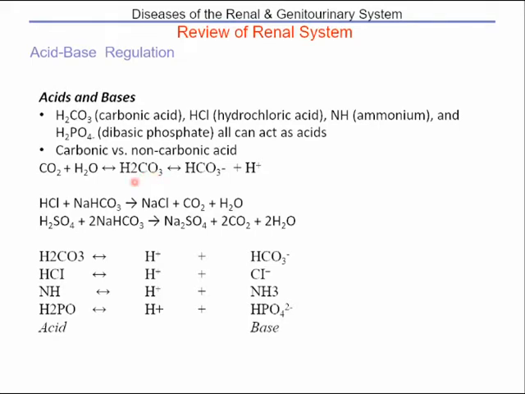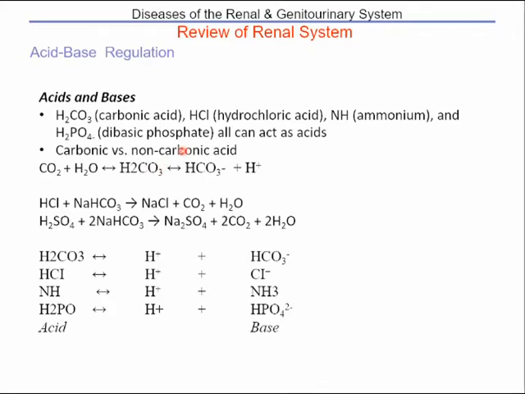So this carbonic acid can be broken down into your bicarbonate and your hydrogen ion. These are mass action equations, meaning to say that the rate of the conversion from one form to another is dependent on the presence of substances in the body.